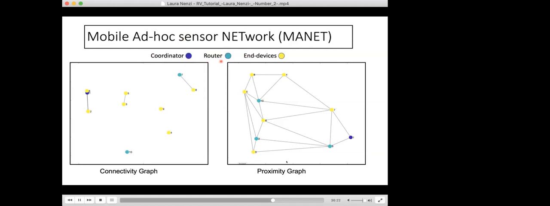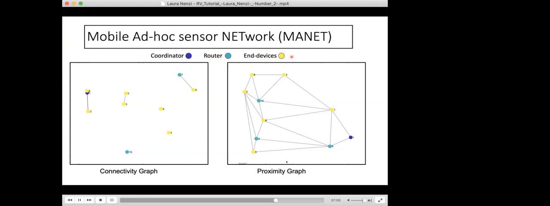They are the intermediate between the coordinator and the end devices, and they are passing the data between all the devices. And then there are the end devices, the ones in yellow, which can communicate only with the coordinator and with the routers, and are enabled to relay data from other devices.